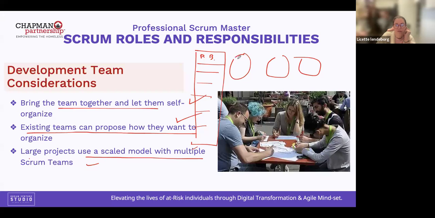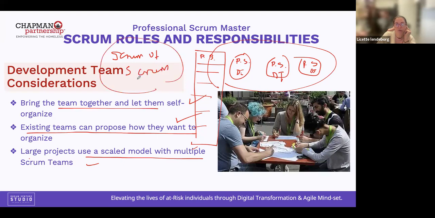Okay. Product owner, Scrum master, and development team. The name of this configuration is Scrum of Scrums, which is not part of this class and is not part of the exam.